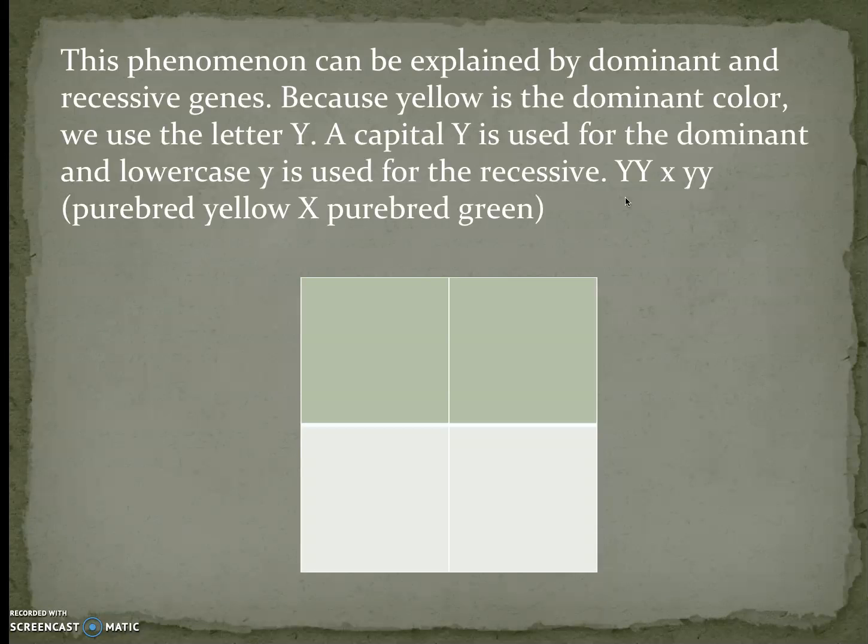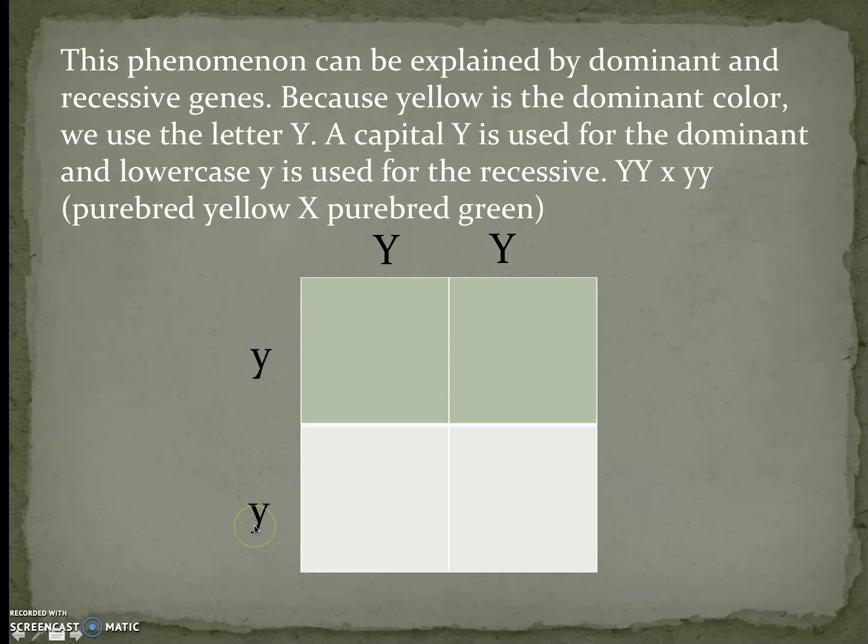So it's either this gene, the capital Y, or this gene, the capital Y. So we are going to put those here, a capital Y here, and a capital Y here, because those are your two choices. On the side, we're going to put the other two, a lowercase y here, and a lowercase y here.